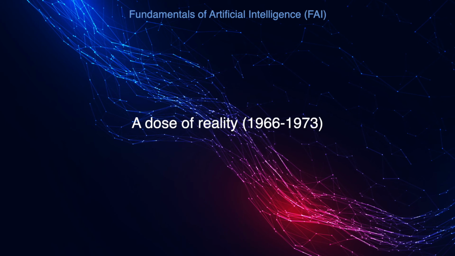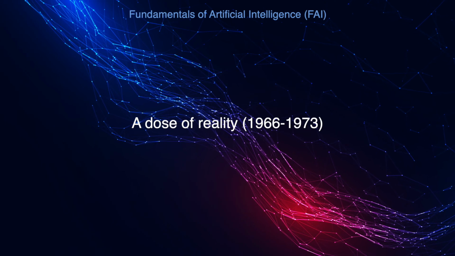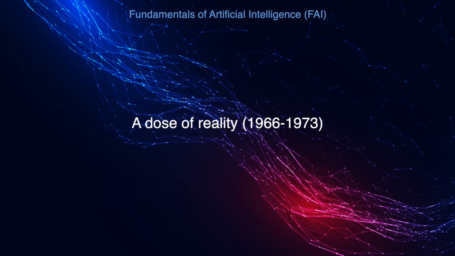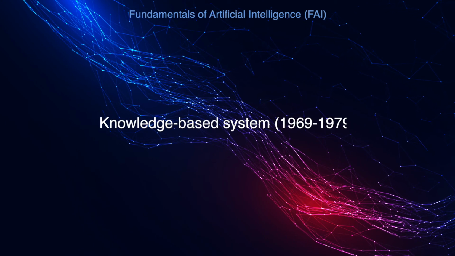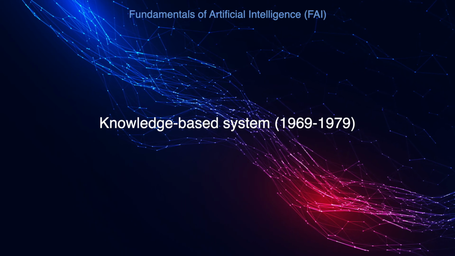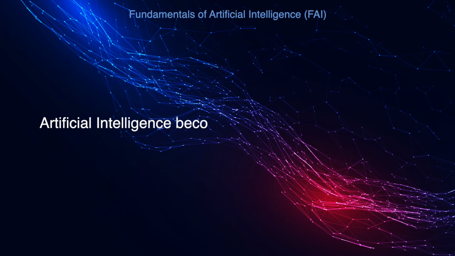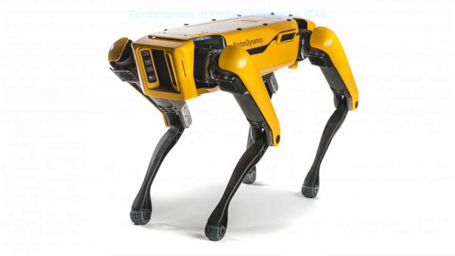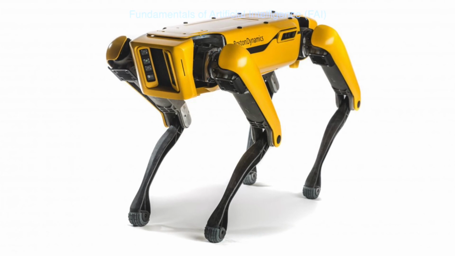And a dose of reality with virtual robots and everything started in the years 1966 to 1973. Later then came knowledge-based systems in 1969, for over a decade till 1979. And artificial intelligence became an industry till the present day. So later then we have a great stretch of robots till now.